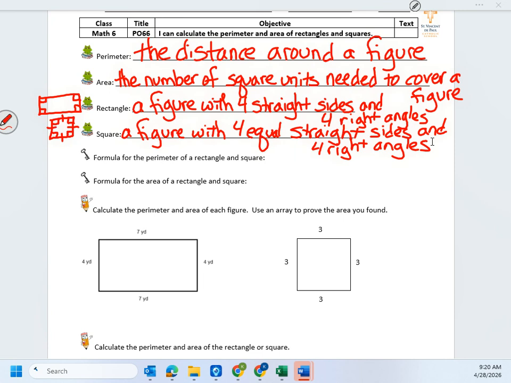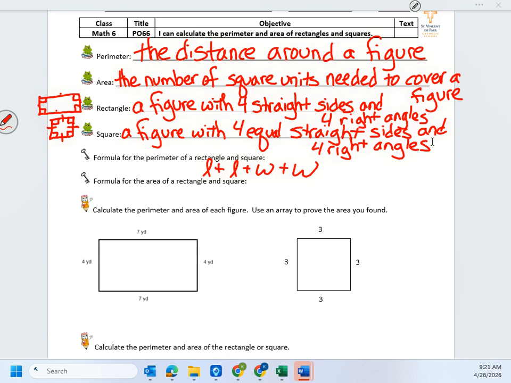Okay. So the formula for the perimeter of a rectangle and a square, it's the same. You could say the length plus the length plus the width plus the width. So you are adding up all four sides. So to find the perimeter, you just add all four sides together.